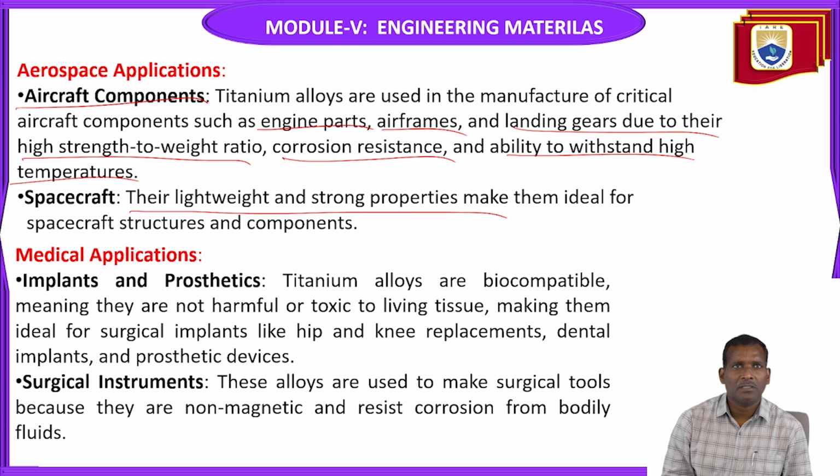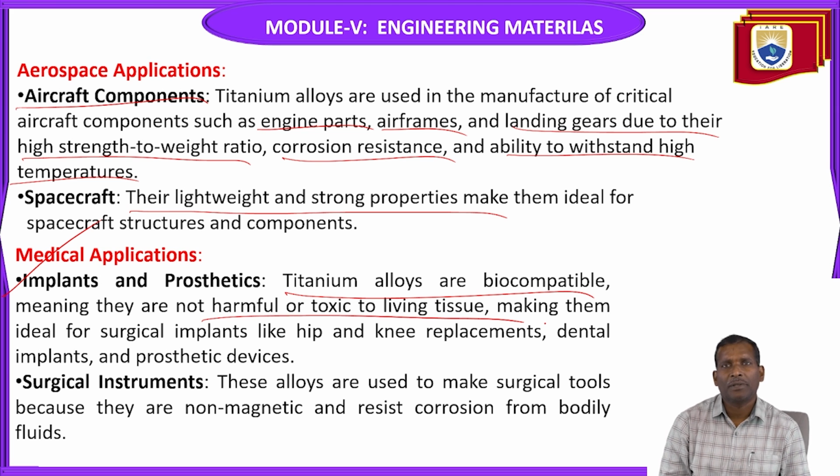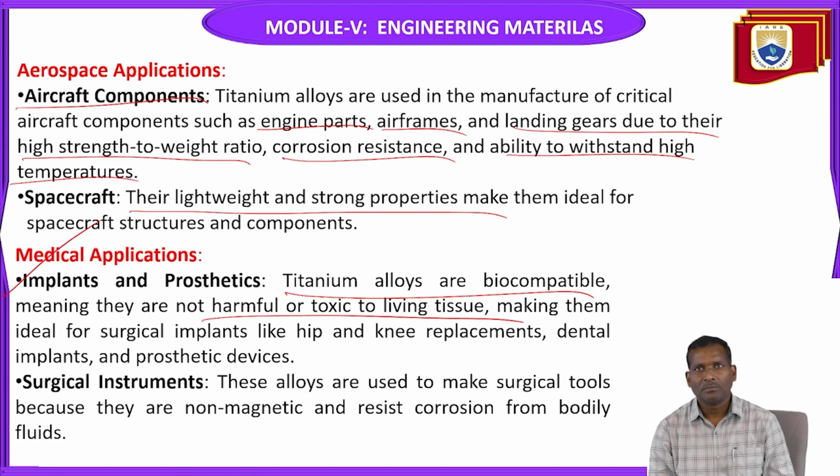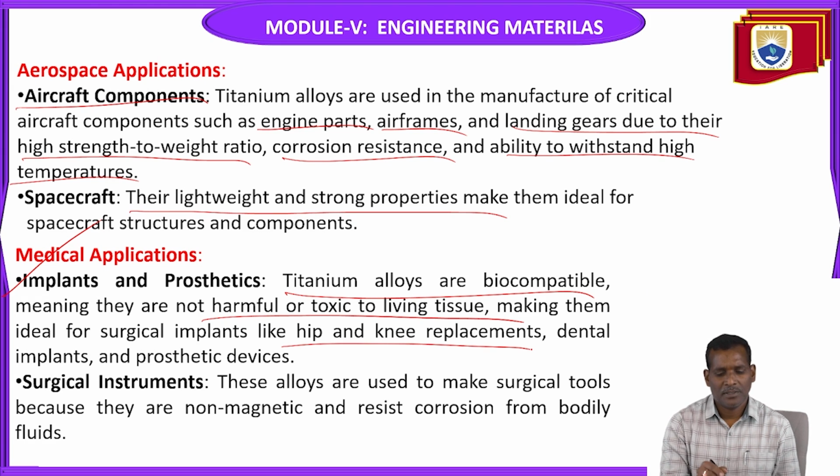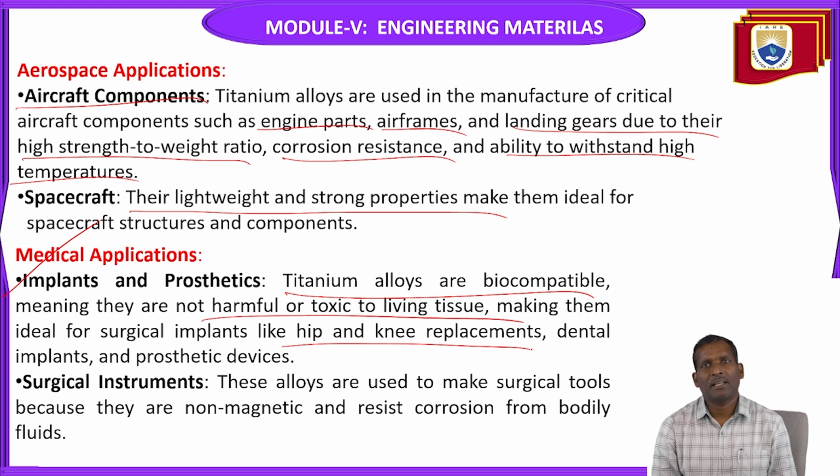So medical applications, whereas implants and prosthetics, the titanium alloys are biocompatible, compatible with the human tissues, meaning they are not harmful or toxic to living tissues, making them ideal for surgical implants like hip and knee replacements, dental implants, and prosthetic devices.